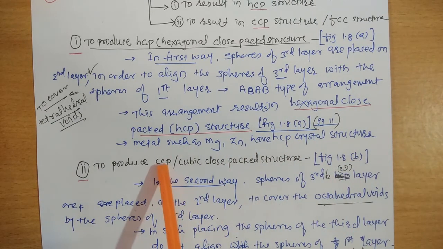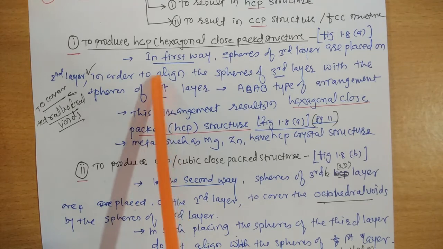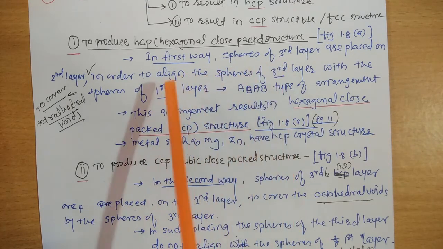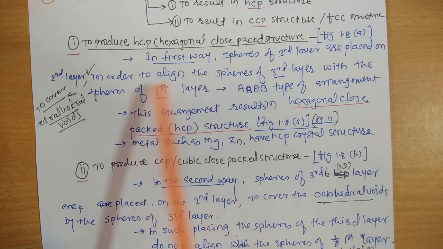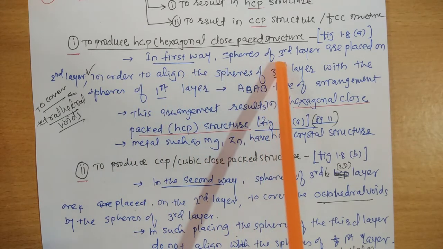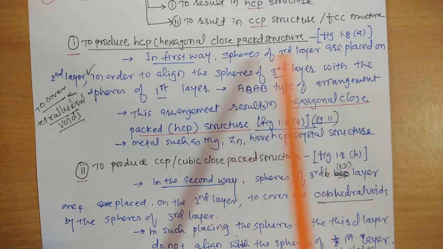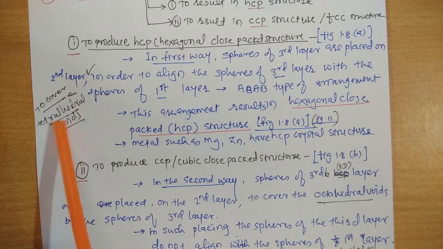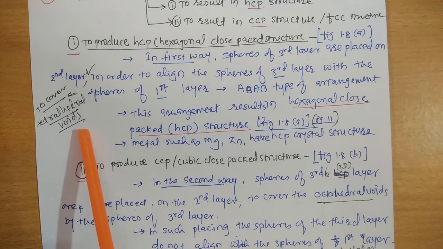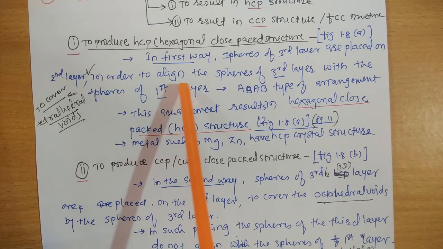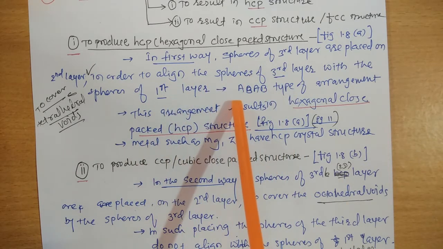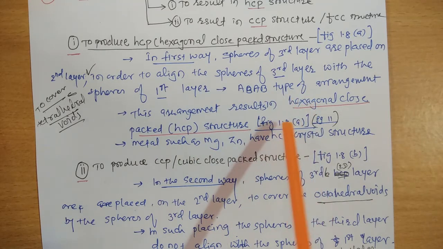See here what we are doing while placing the third two-dimensional layer: the spheres of the third layer are placed on the second layer to cover the tetrahedral voids. While doing this, there is alignment of the third layer with the first layer. That's why this is AB type of arrangement, and hexagonal pack structure is formed.